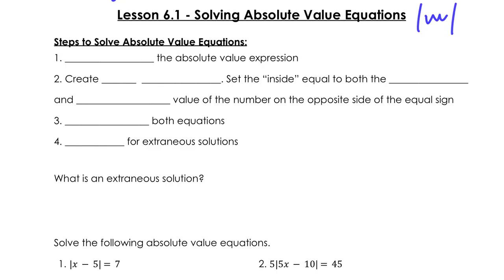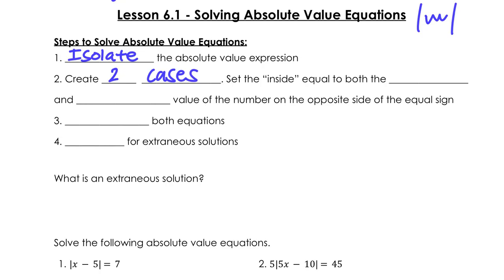So I do have some steps for us to solve absolute value equations. The first step is to isolate the absolute value expression. What that means is we are getting anything around the outside of the absolute value bars to the other side of the equation, okay? And then we're going to create two cases.